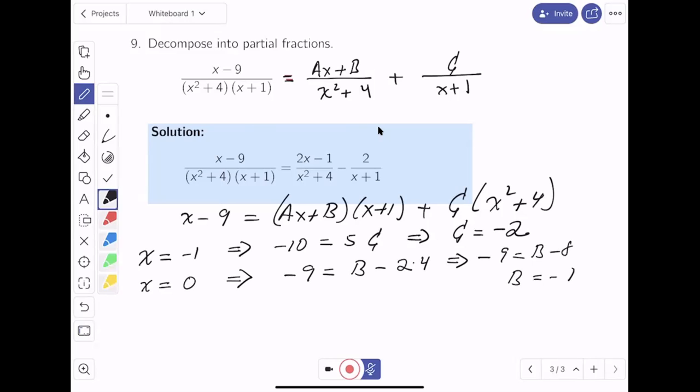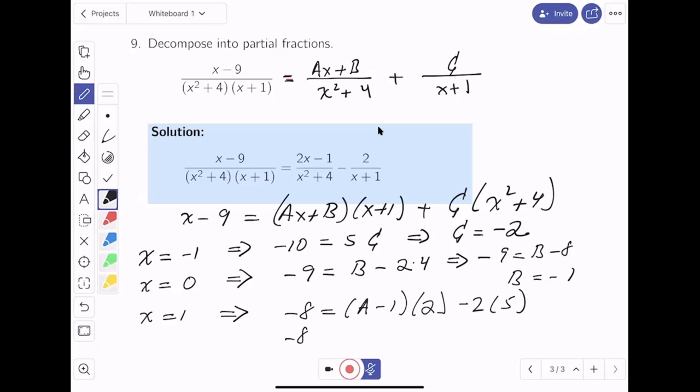Okay, and I'm going to go for a now, and I'm going to pick x to be 1 now. You would get minus 8 a. I believe b is minus 1. This would be 2. I believe c is minus 2, and x is 1, so that's 1 plus 4 is 5.